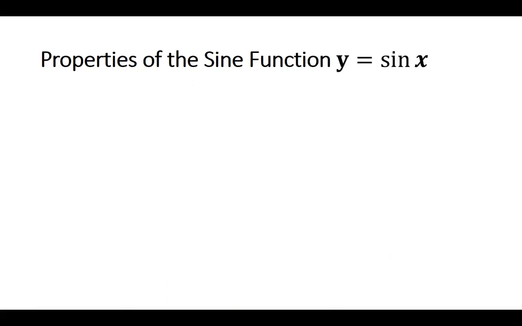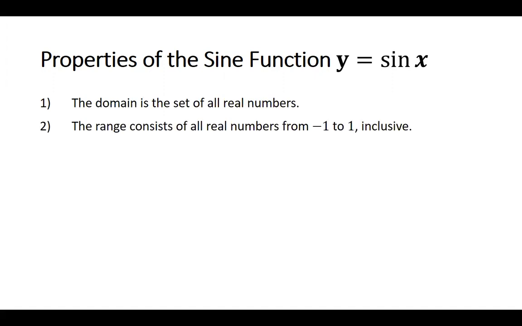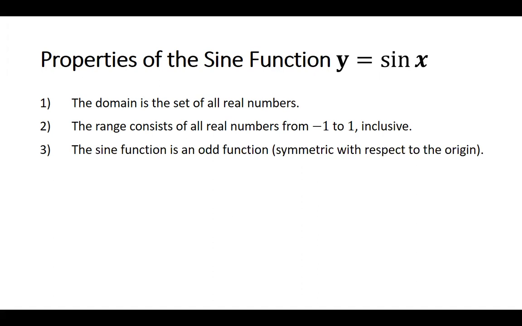So let's look at the properties of the sine function y equal to the sine of x. First of all, the domain is the set of all real numbers. The range consists of all real numbers from -1 to +1 inclusive. Now remember, we're looking at just plain sine of x, the base function. The sine function is an odd function, meaning it's symmetric with respect to the origin.